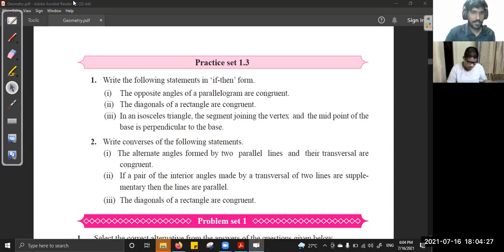If two lines are parallel, then the alternate angles formed by their transversal are congruent.